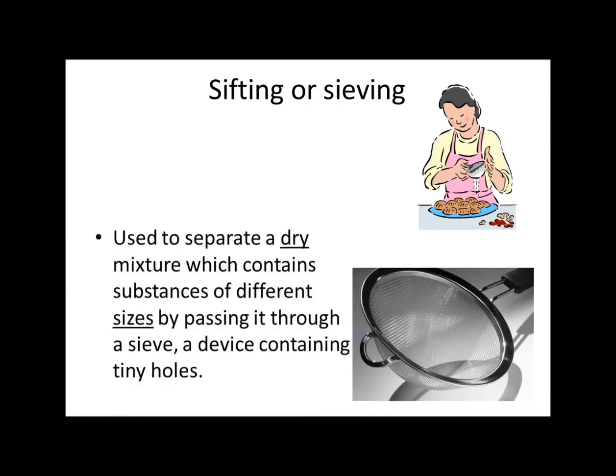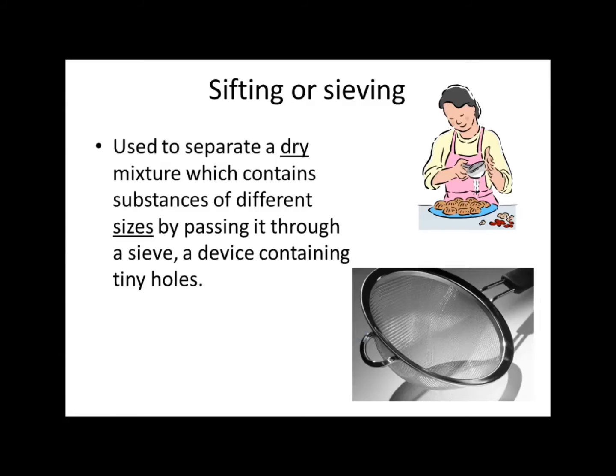Sifting or sieving is used to separate a dry mixture from another dry mixture, and you're doing that by size, okay? And this would be convenient when you have two different sizes, but they're not so different that you could physically pick it out, okay?